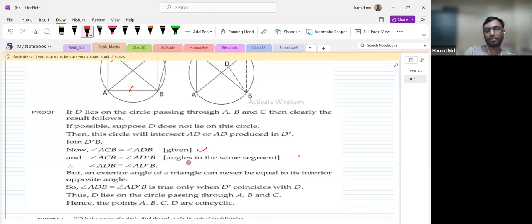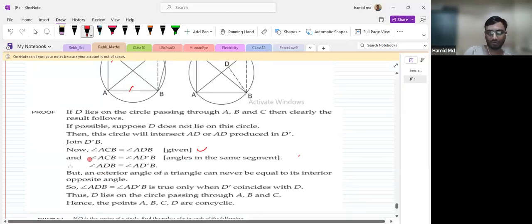This condition was given, and from our construction we got ACB equal to AD prime B. Clear? Yes, sir. This is construction. So now we got that ADB is equal to AD prime B.